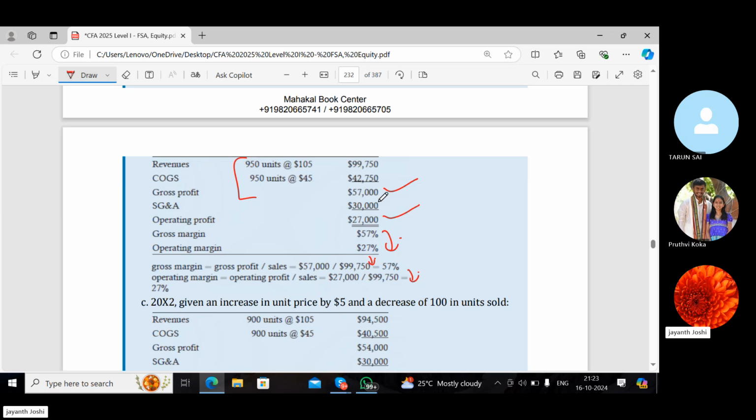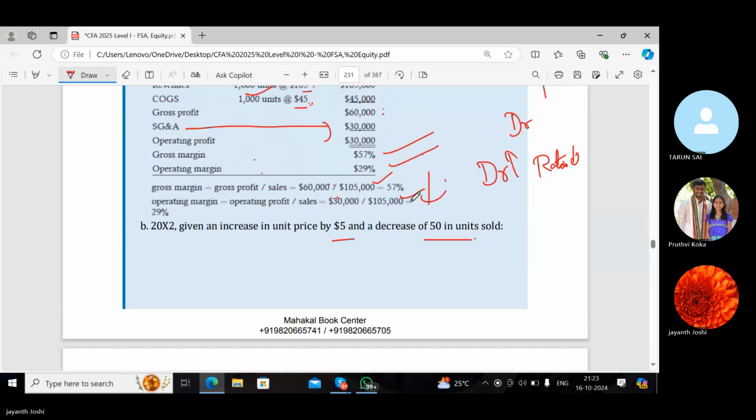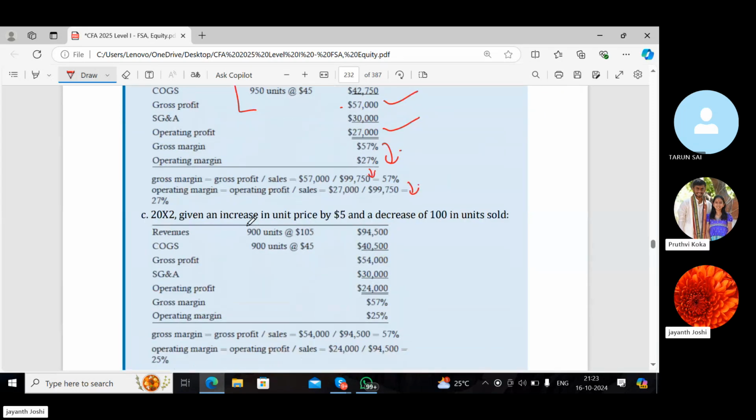And the decrease in the gross profit and operating profit is also seen, and we are not seeing a bigger change. We are seeing that both are decreasing, correct? Yes. Now, if there is a further decrease, then we see a further decrease.